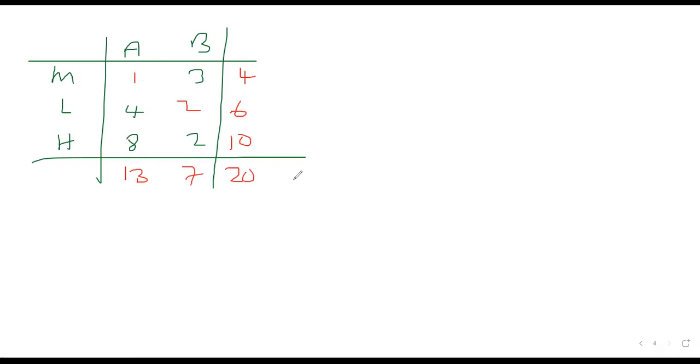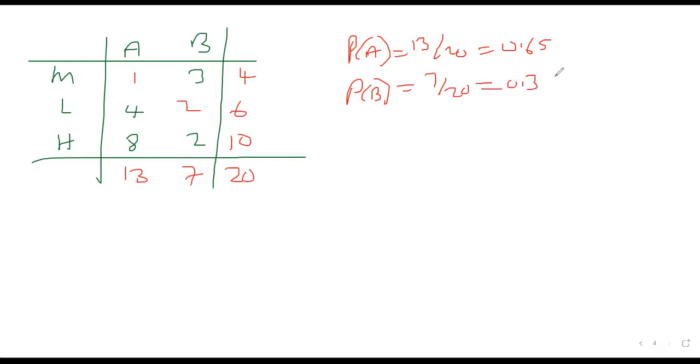Then they'll ask you to calculate a number of things. Number 1, the probability of A. To find A, you total A here, 13 out of 20, which is 0.65. What's the probability of B? You get the total for B, which is 7 out of the grand total of 20, which is 0.35. What is the probability of M?